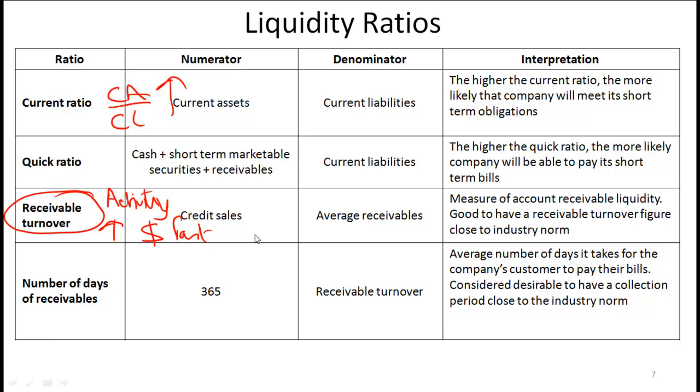So that creates better liquidity. So that's why we sometimes bundle these ratios along with liquidity ratios. If you recall, number of days of receivables is a measure of how many days on average it takes you to collect receivables, and that's simply 365 divided by receivables turnover.